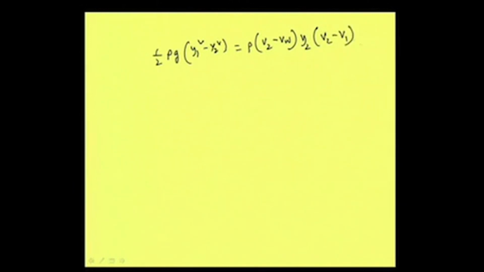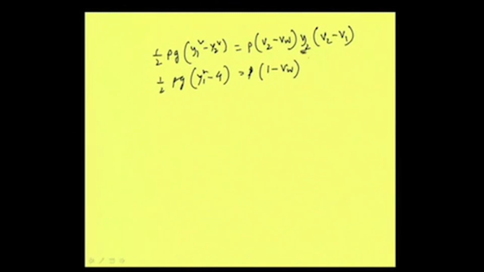And then this expression we can also simplify, by putting in the values. Half of rho g (y1 square minus y2 square, which means 4) is equal to rho times (v2 minus vw), which we can write as (1 minus vw), and y2 is already known to us.